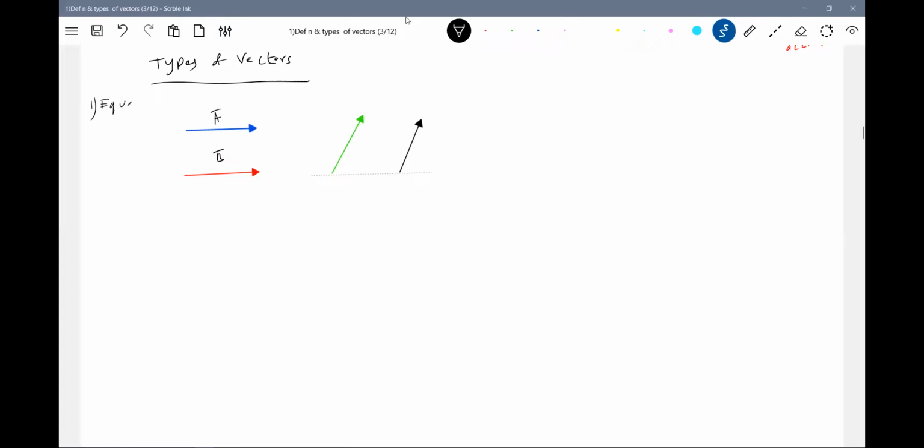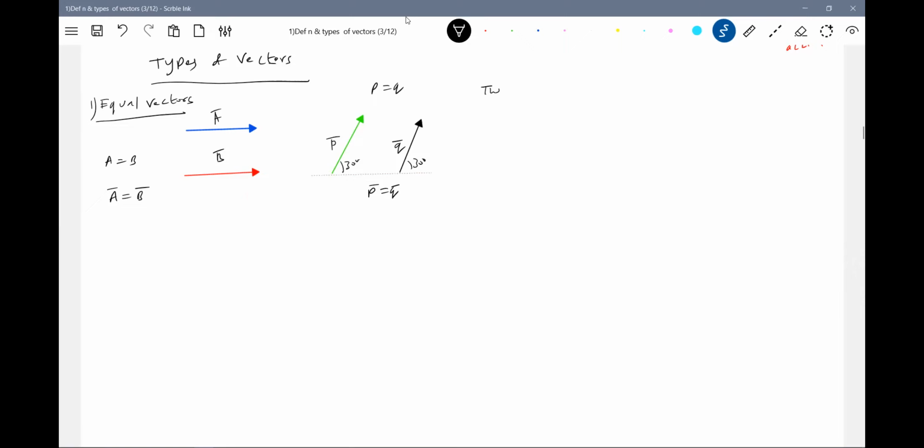The first one we are bringing is equal vectors. Here, this will make 30 degrees, and this also makes 30 degrees. Vector P bar, vector Q bar. A equal to B, P equal to Q. And also A bar equal to B bar, P bar equal to Q bar. So how do you define equal vectors?